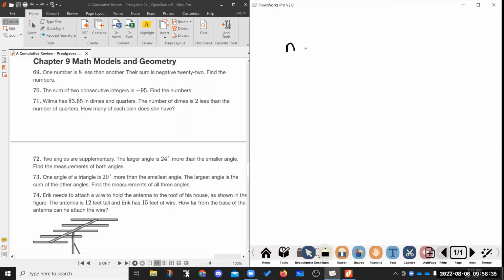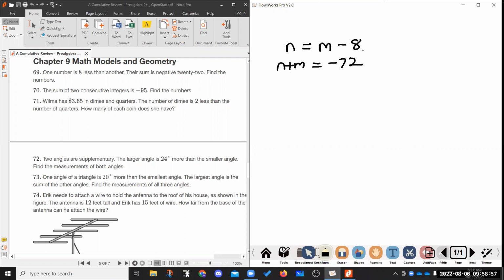One number, and I'm going to call that number n, is, there's my verb in the sentence, 8 less than another number. Their sum is negative 72.